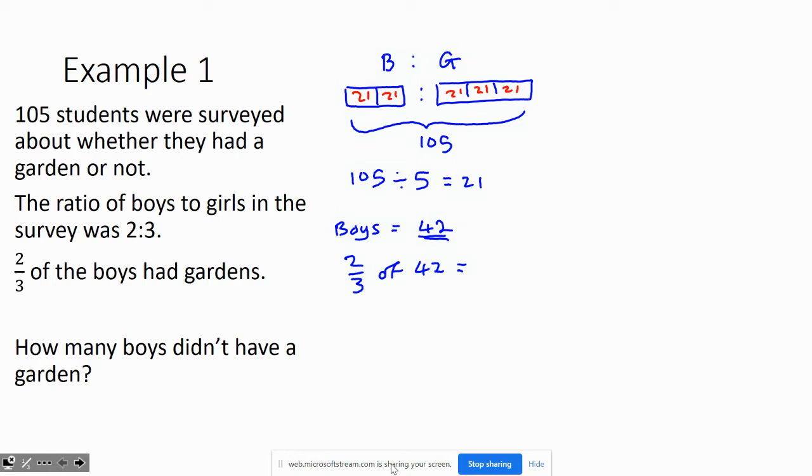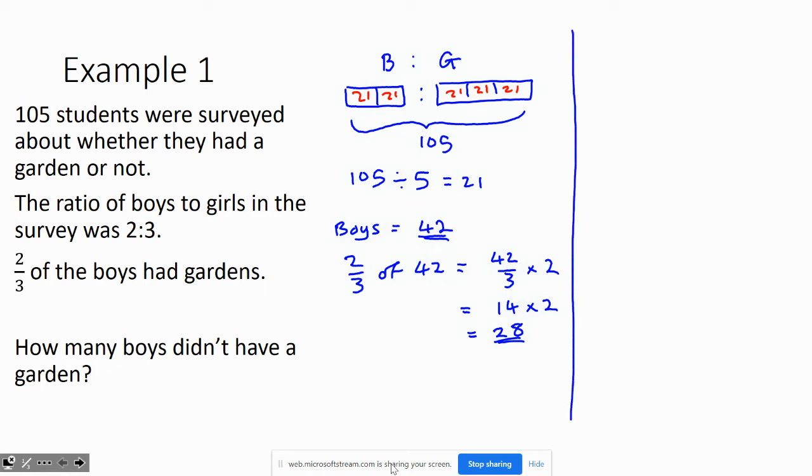So it's going to be 42 divided by 3 times by 2. Because 1/3 we divide by 3, and then 2/3 times that by 2. 42 divided by 3 is 14. So it's 14 times 2. So we have a final answer of 28.